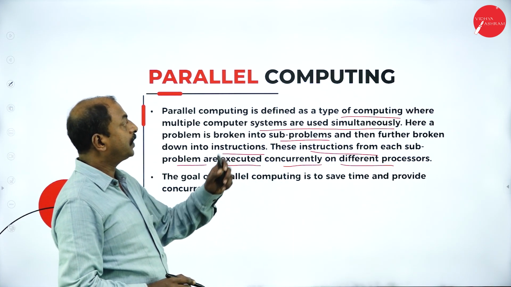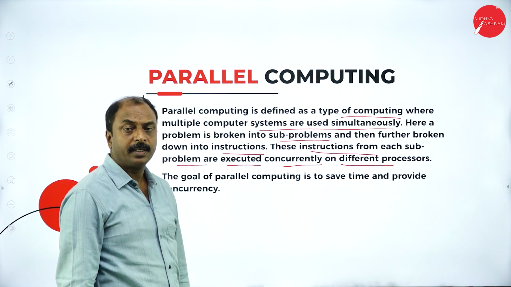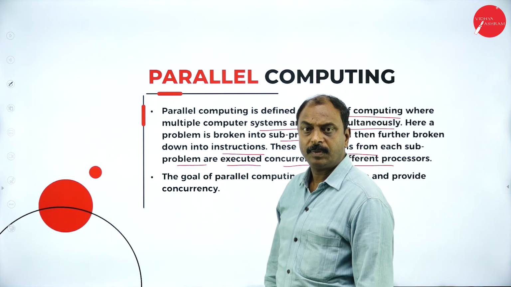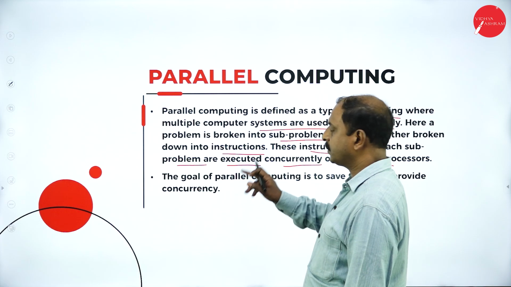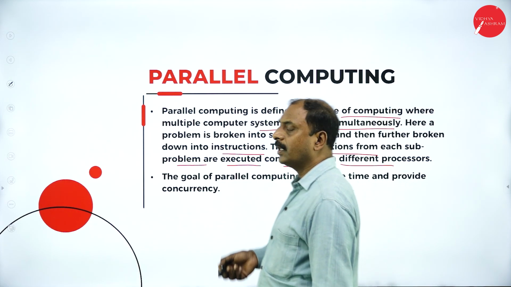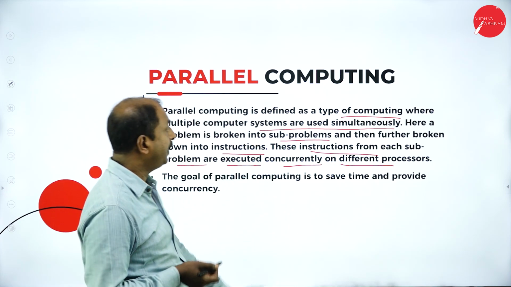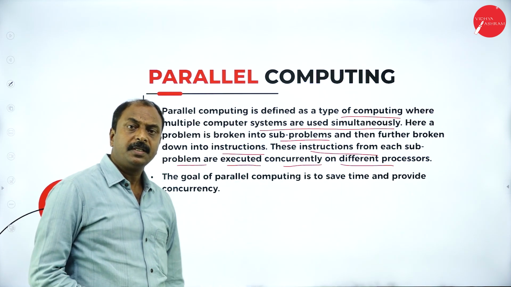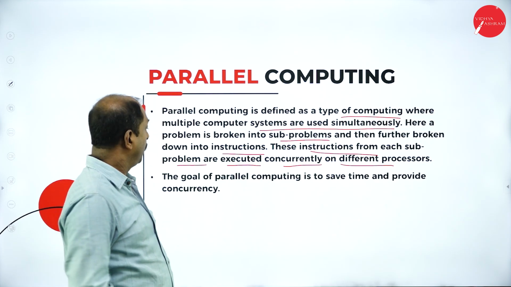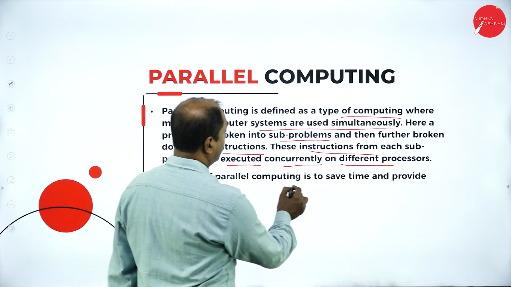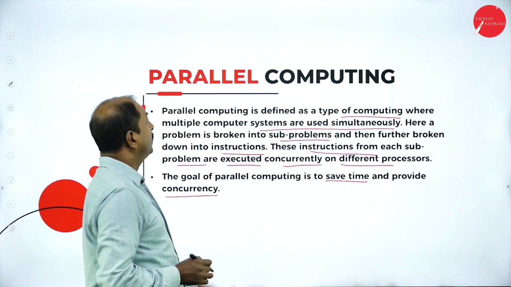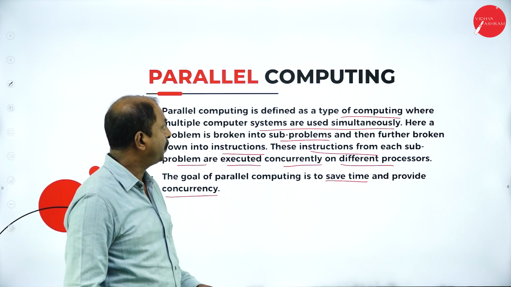Here the given problem is broken down into a number of sub-problems, and each is executed or processed simultaneously in all the other systems in a computer network. So the goal of parallel computing is to save time and provide concurrency.